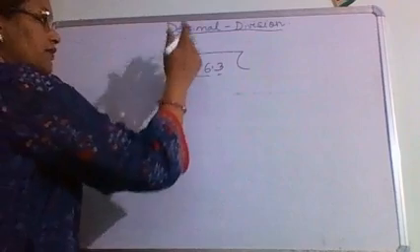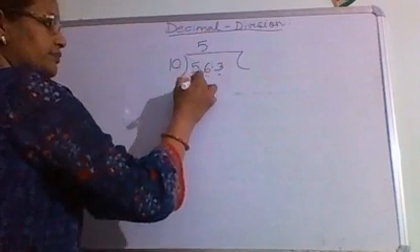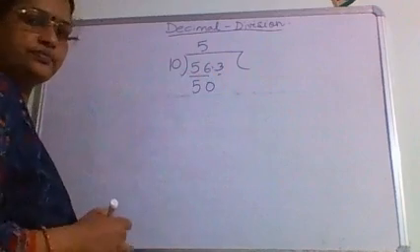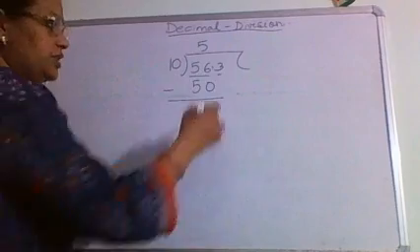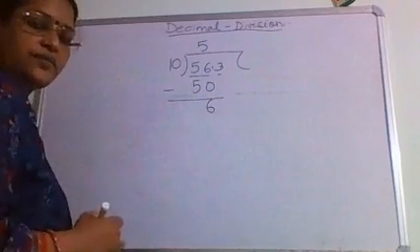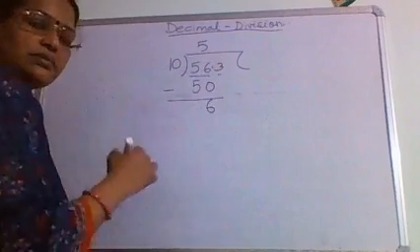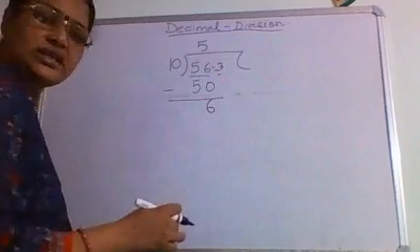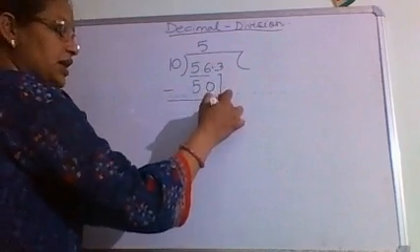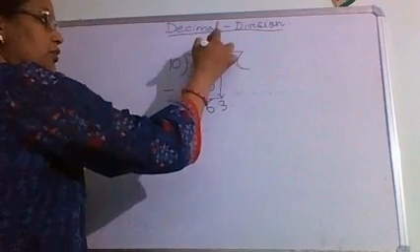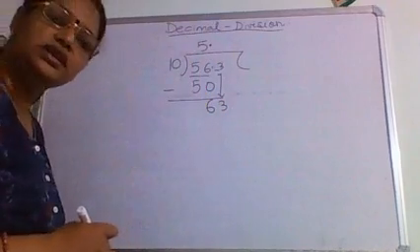So 10 5s are 50. After subtraction, how much? 6. Now this decimal comes. So after decimal, 3 is the decimal part. So when we are taking the decimal part downwards, I put the decimal in the quotient also.